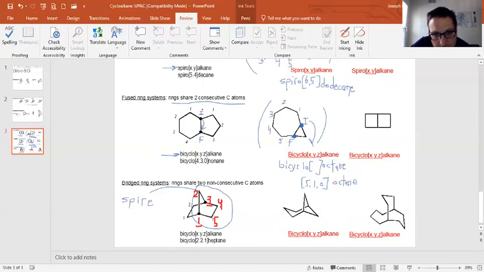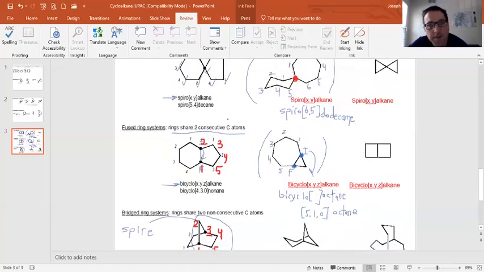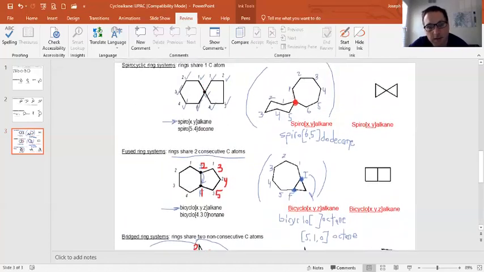Whereas over here, carbon 1 and 2 have the pegs on them, and they're consecutive back to back, whereas carbon 1 and carbon 3 with the pegs on them, with the spire in the middle, are not back to back. This is a bridged ring system. Contrast that to a Spiro system, which is only one carbon atom in common. As you can see, there's only one, it's a Spiro.